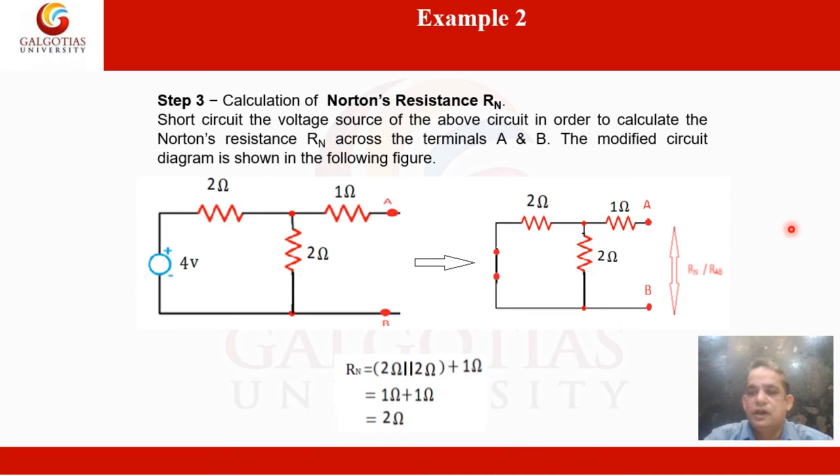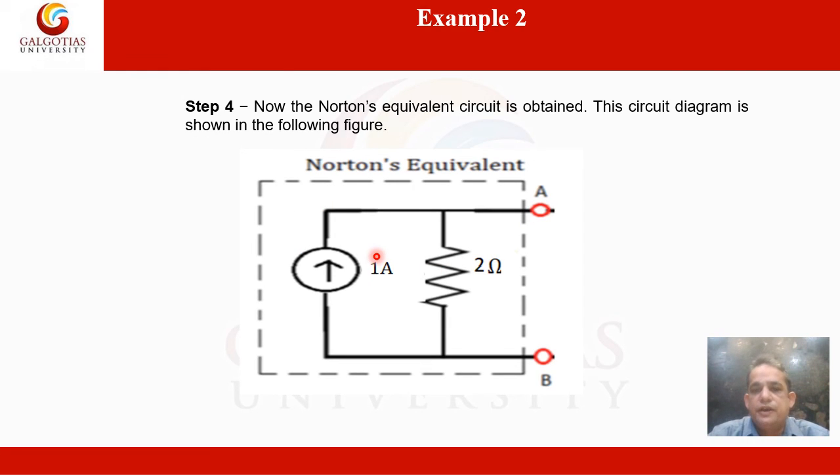Now we convert RN and the current source into the equivalent, meaning the Norton equivalent. Now the Norton equivalent circuit is obtained. Here the current source, which is 1 ampere, and the Norton resistance, which is 2 ohm, are connected in parallel. This is the Norton equivalent.